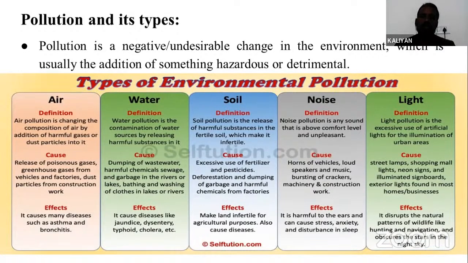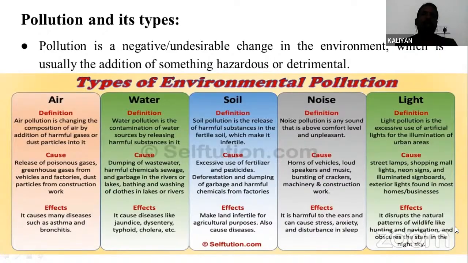The effect is that it is harmful for the ears and can cause stress, anxiety, and disturbance in sleep. Light pollution is the excessive use of artificial lights for the illumination of urban areas. The causes are street lights, shopping mall lights, neon signs, illuminated signboards, and lights in most homes and businesses. The effect is that it disturbs the natural patterns of wildlife, like hunting and navigation, and obscures the stars in the night sky. So these are the different types of environmental pollution.